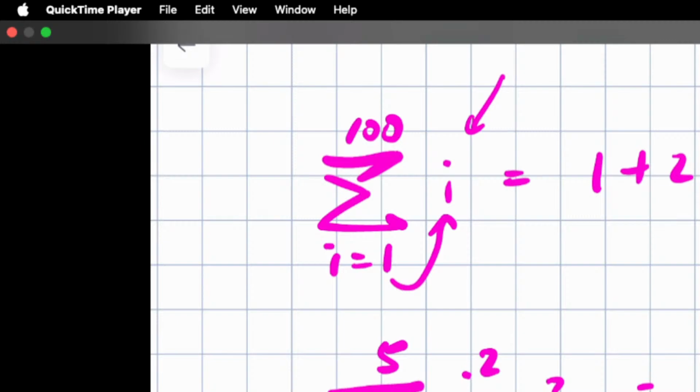So the integral from a to b of f of x dx can be rewritten as the limit as n approaches infinity of the summation from i equals 1 to n of f of m_i times delta x.